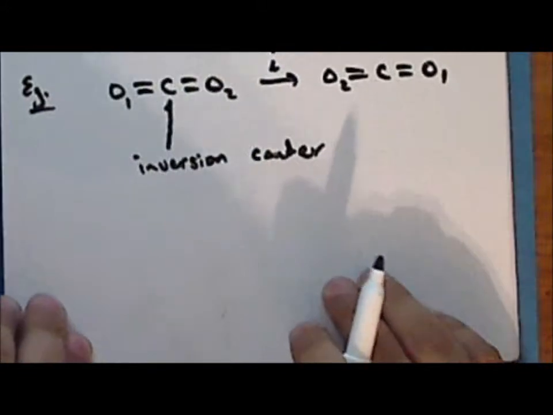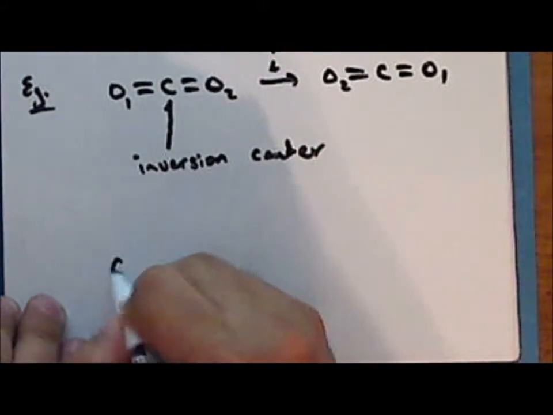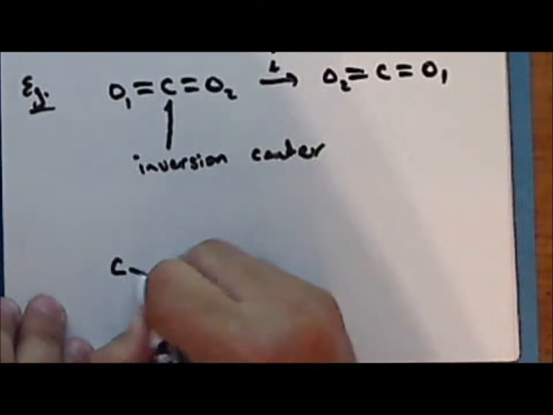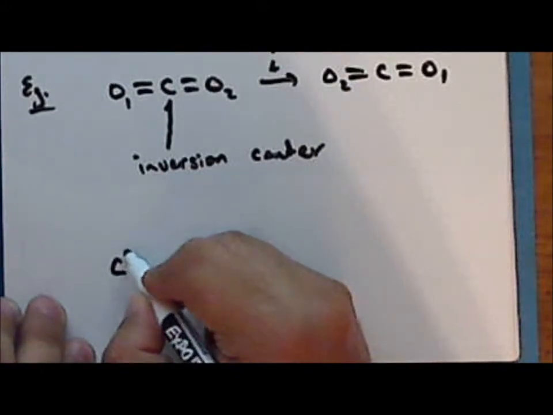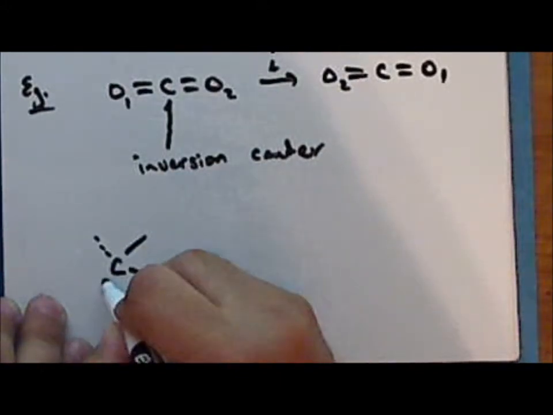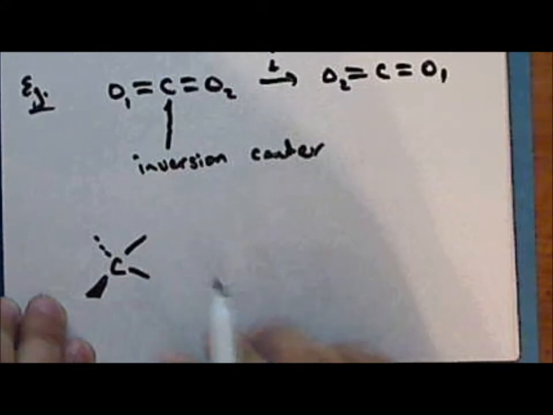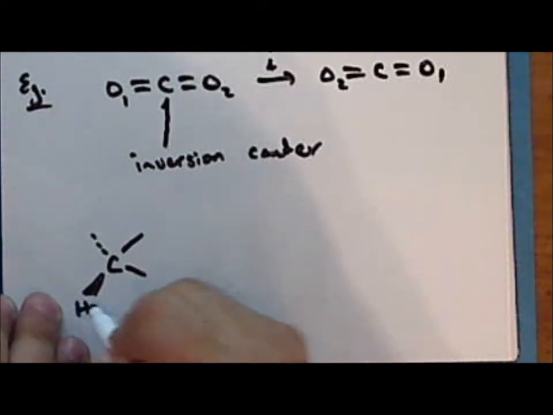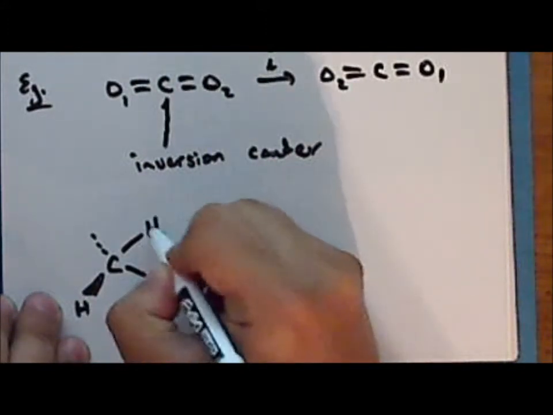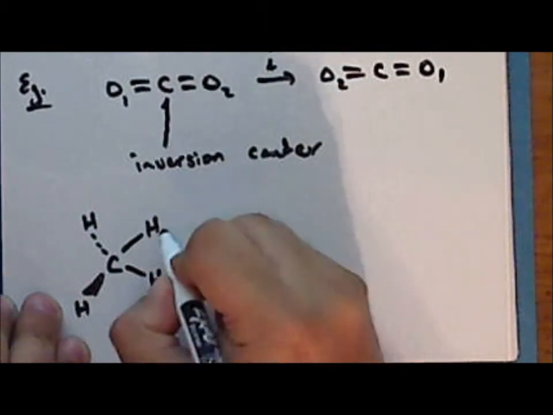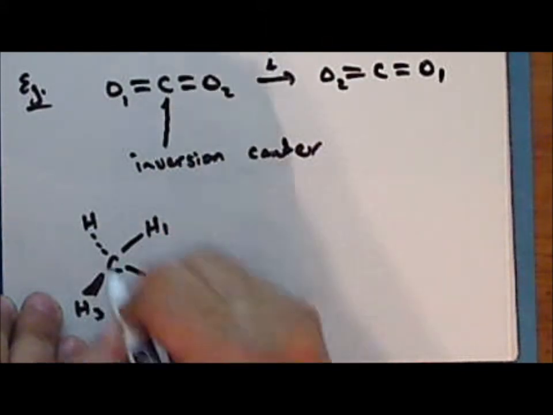Now let's look at the methane molecule. And let's label the hydrogens 1, 2, 3, and 4.